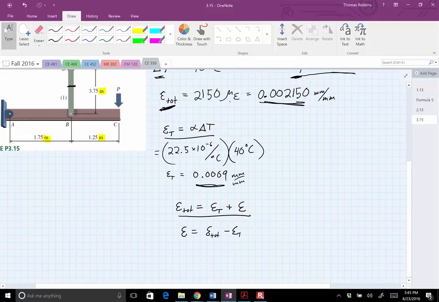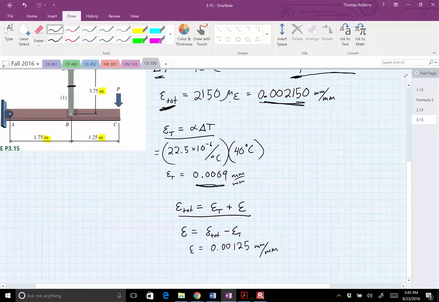So 0.00215 minus 0.0009, and I get our strain due to the internal forces of member 1 is equal to 0.00125 millimeters divided by millimeters.